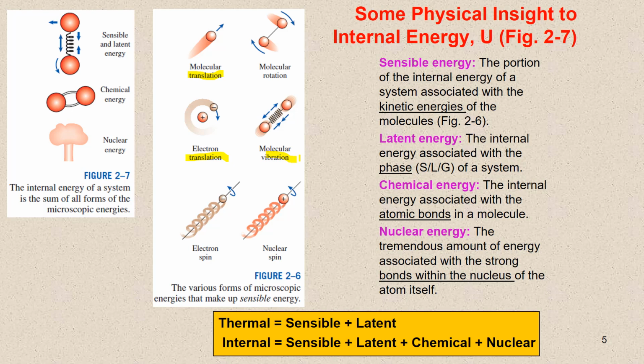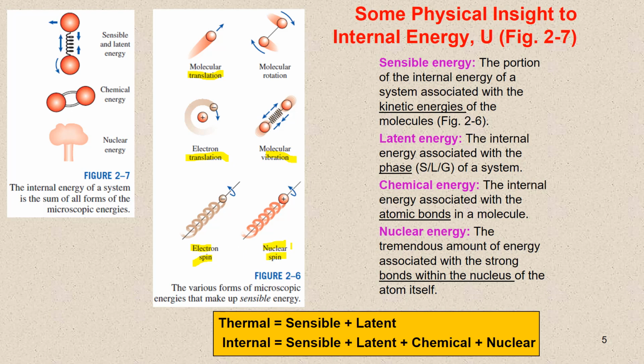The electrons in an atom rotate about the nucleus and thus possess rotational kinetic energy. Electrons at other orbits have larger kinetic energies. Electrons also spin about their axis, and the energy associated with this motion is the spin energy. Other particles in the nucleus of an atom also possess spin energy.